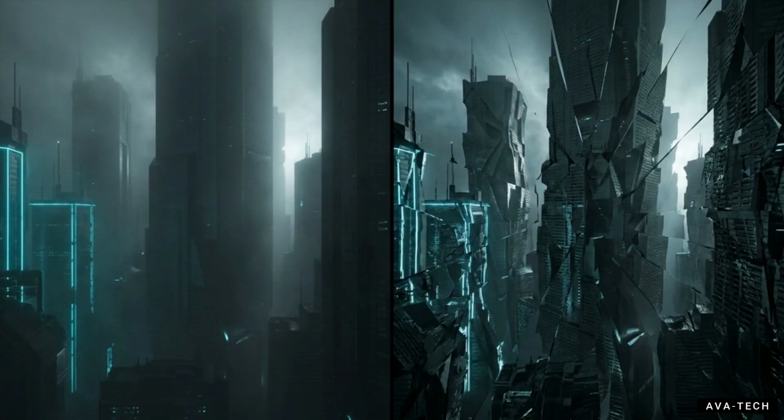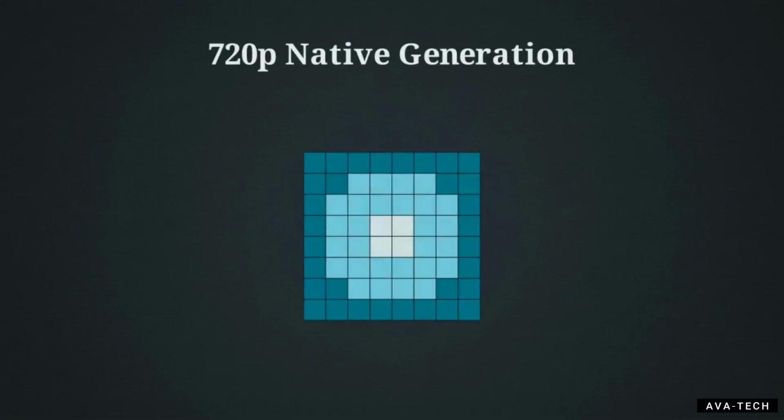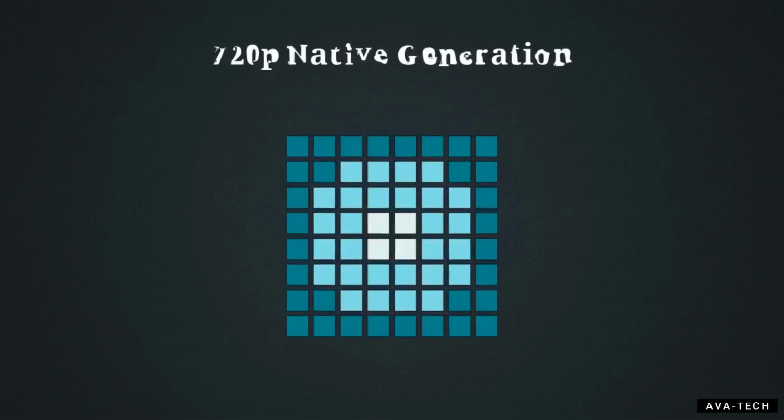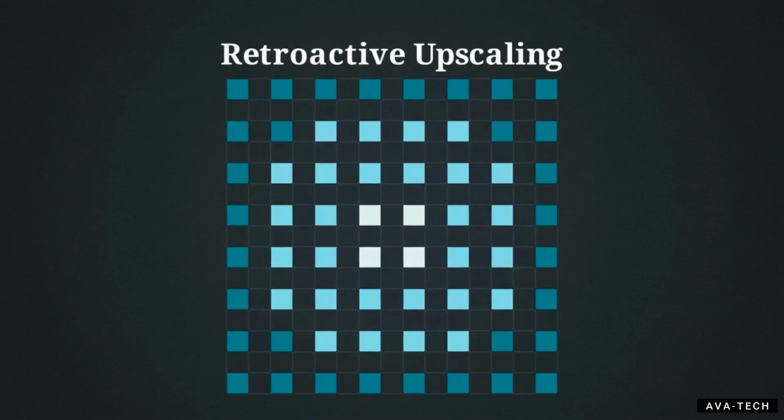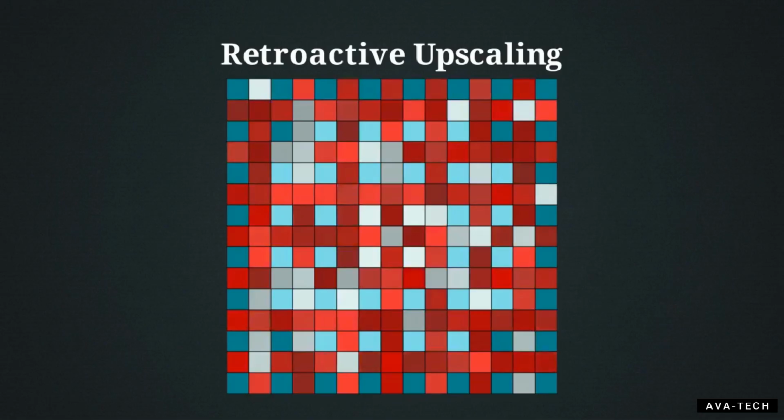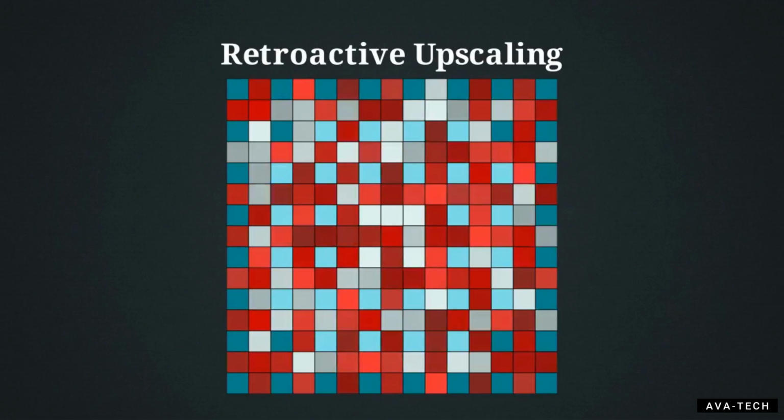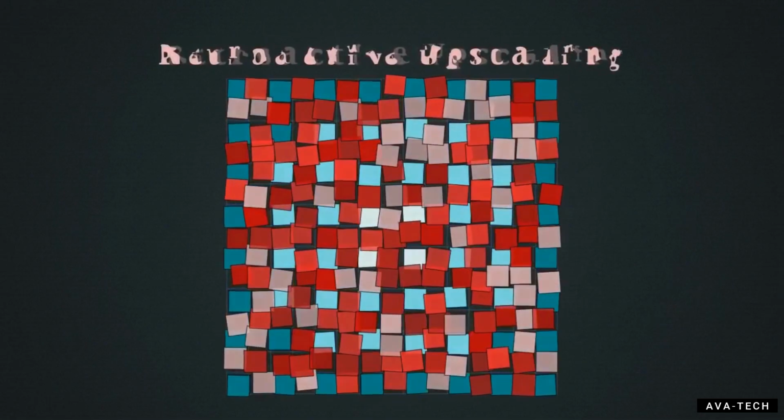Even when those early models generated a compelling shot, they relied on a process called retroactive upscaling to reach a usable resolution. The initial generation was rendered at 720p and then artificially enlarged after the fact. As this low-resolution block expands, the algorithm doesn't render real detail. It's forced into a flashing process of guessing missing pixels.